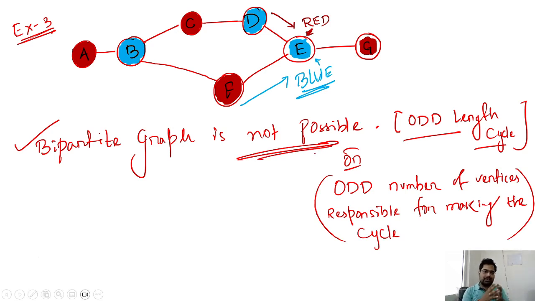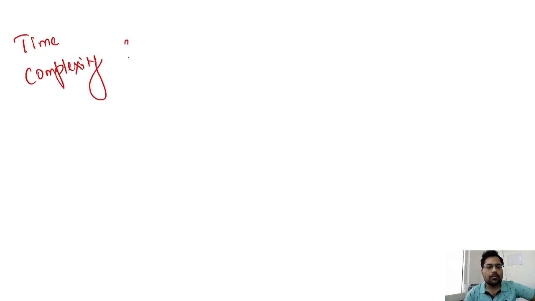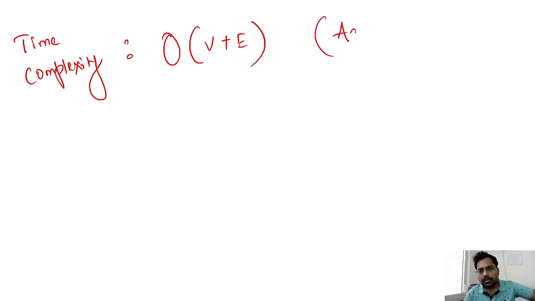So in this way, I think you have understood how bipartiteness can be checked. The time complexity, if we are finding the bipartiteness of a graph, is big O of V plus E, or N plus E, with an adjacency list.